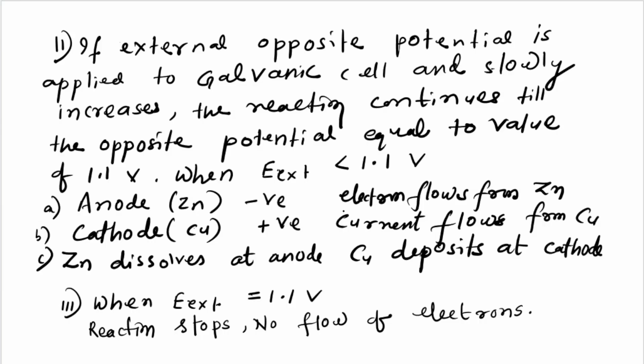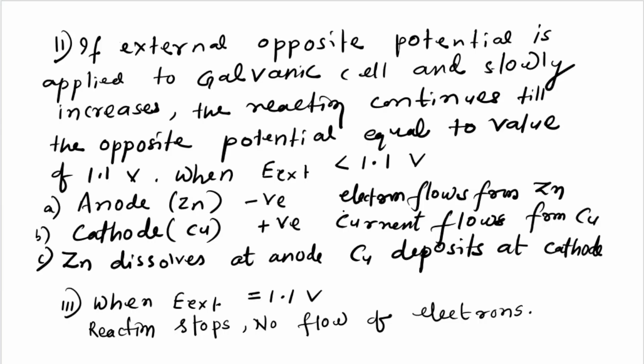The reaction continues until the opposite potential equals the value of 1.1 volts. Until 1.1 volts is reached, the potential only increases slowly and the reaction continues.